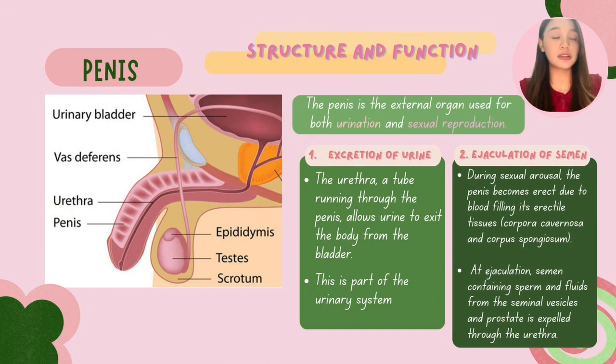During sexual arousal, blood flows into special tissues inside the penis called the corpora cavernosa and corpus spongiosum. This erectile tissue fills with blood and causes the penis to become erect, which is necessary for penetration. At ejaculation, semen, which contains sperm and fluid from glands like the seminal vesicles and prostate, is expelled through the urethra.